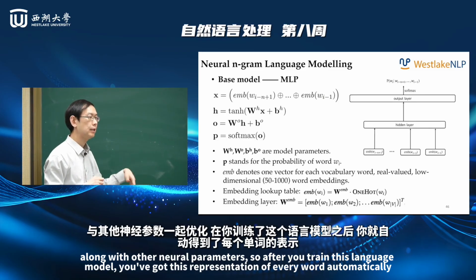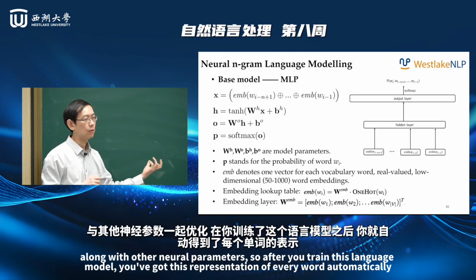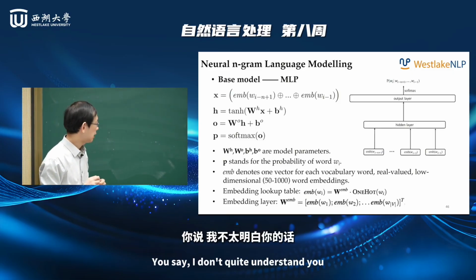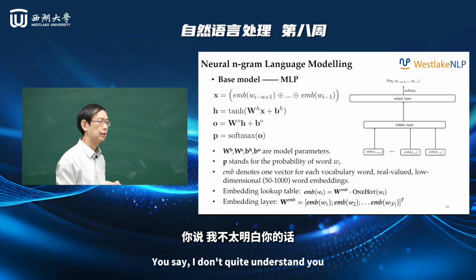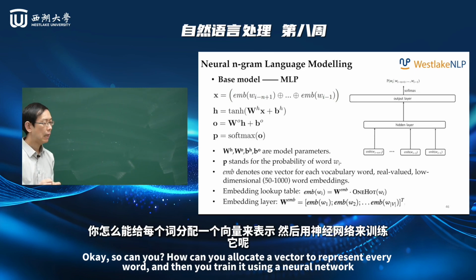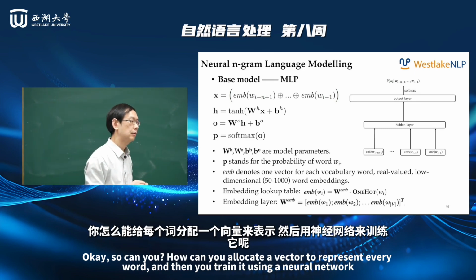So after you train this language model, you get this representation of every word automatically. This is called word embedding. If you say, I don't quite understand, how can you allocate a vector to represent every word and then train it using the neural network?